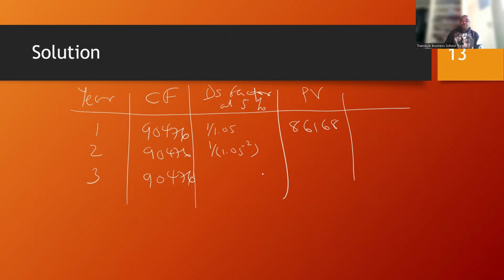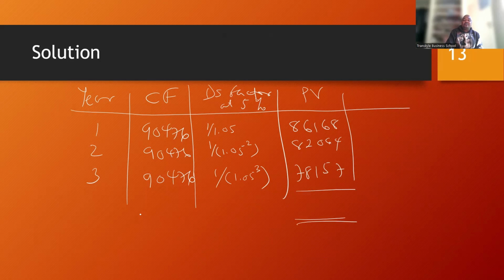And it comes to 82,064. In year 3, that's 1 over 1.05 to the power 3. That's 78,157.